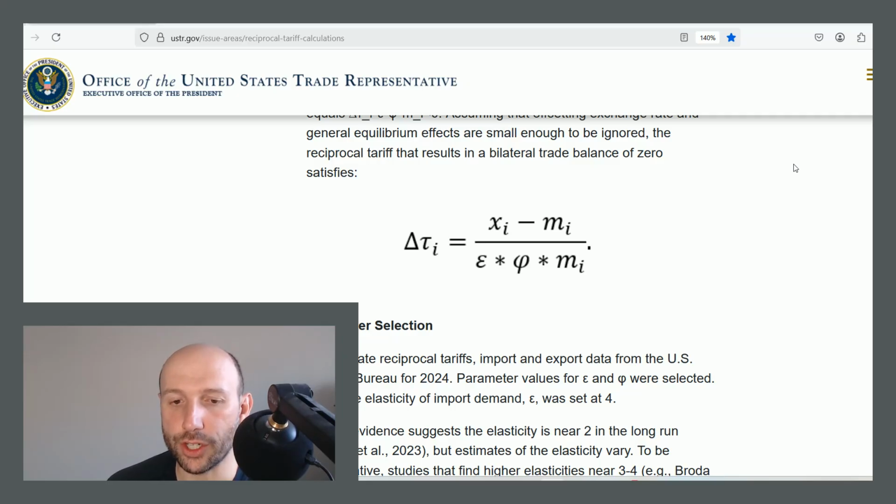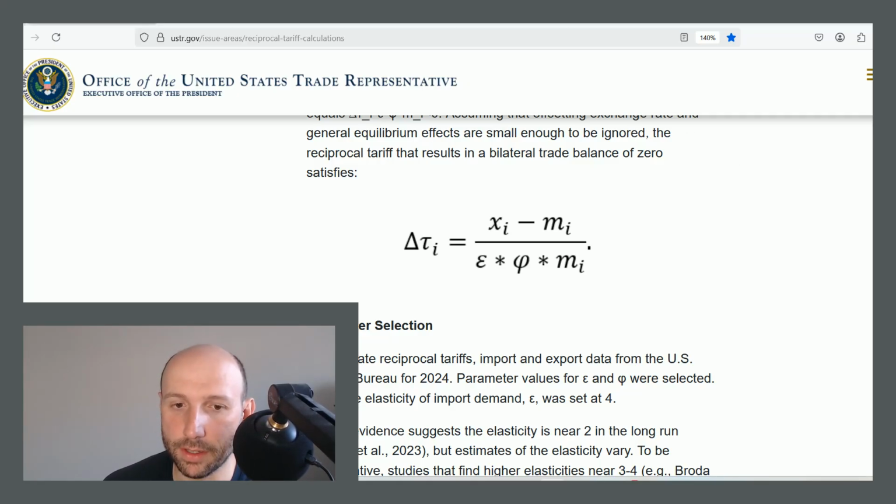Rather, this equation gives the tariff rate that theoretically, in the opinion of the White House, would result in a decrease of imports from a country such that the imports equal the exports that the United States exports to that country. In other words, the tariff rate that theoretically would bring the trade balance to zero, right?